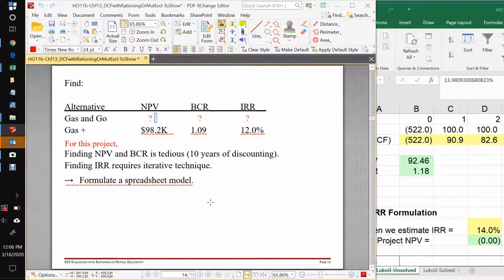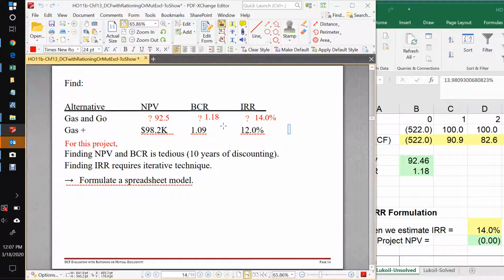So what do we have for our NPV? We have 92.5, we could say, and for our BCR, we have 1.18, and for our IRR, we have 14.0%, okay? So clearly, if we were using IRR to determine which is best, we'd choose gas and go.